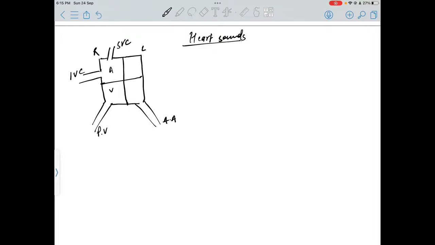So during the atrial systole, the S4 sound comes, in which the atria are contracting.